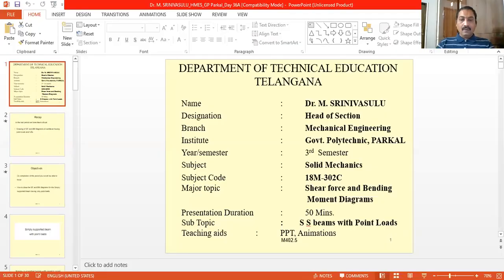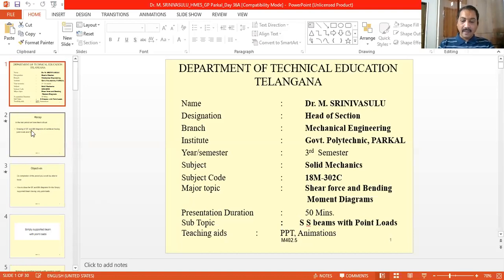So now I am sharing the PPT prepared for today's lesson, and here today's subtopic is simply supported beams with point loads.